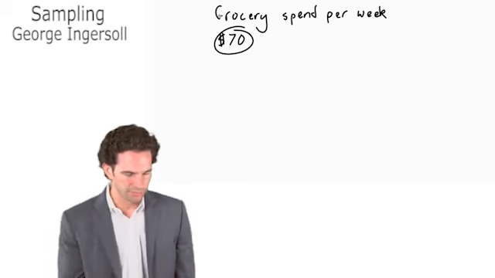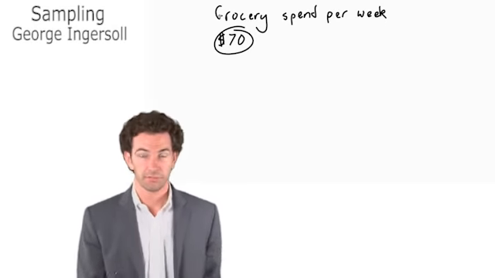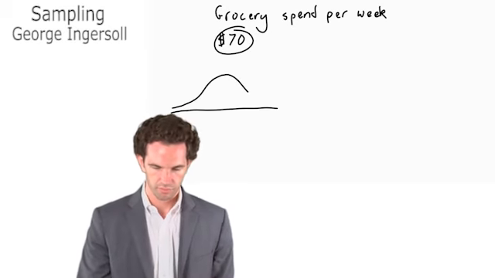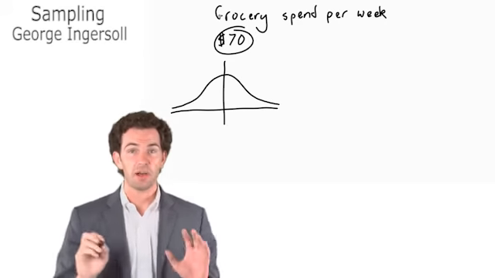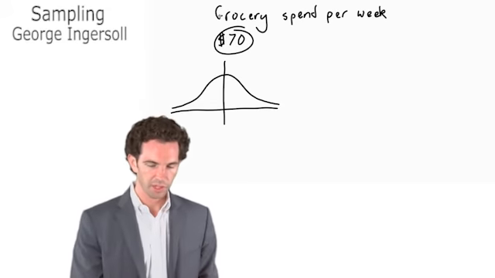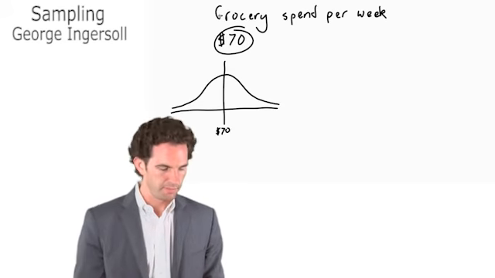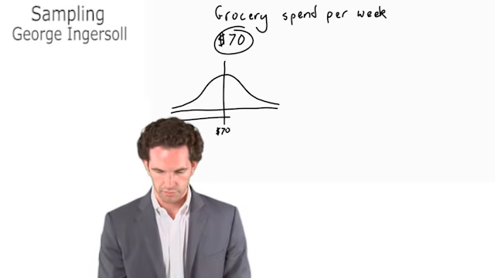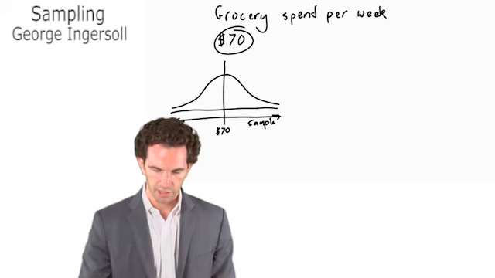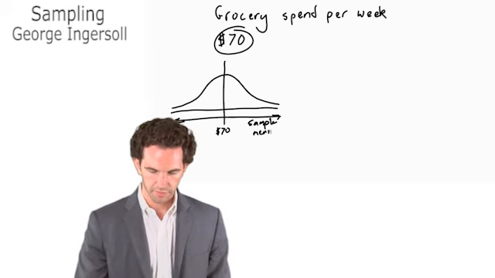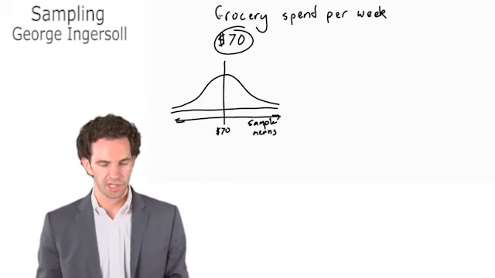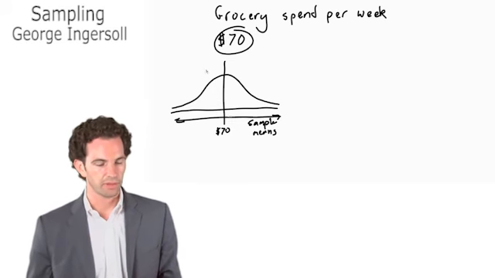Now, if we took 1,000 samples of 100 people each, so 1,000 samples with a sample size of 100 in each, what we would see is the means of those samples, the sample means along the horizontal axis, would be normally distributed around $70.